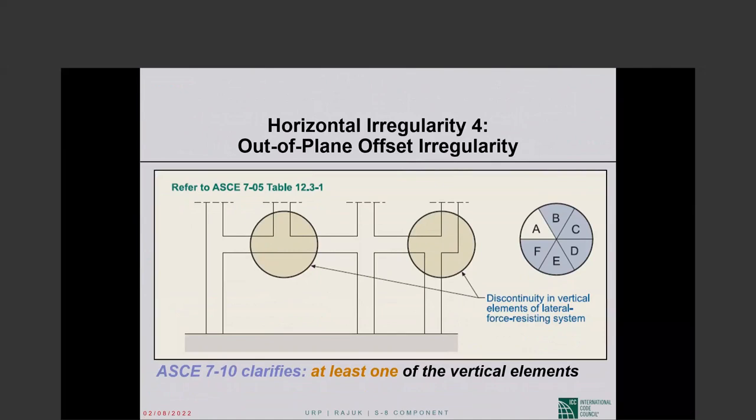Next, type 4 is out of plane offset irregularity. I think the pictures are quite clear. ASCE 7-10 clarifies that at least one of the vertical elements has an offset. So, discontinuity in vertical elements of the lateral force resisting system.